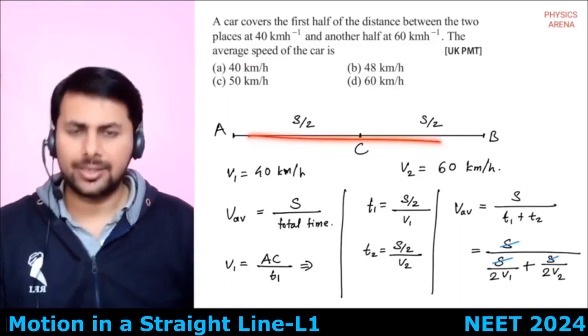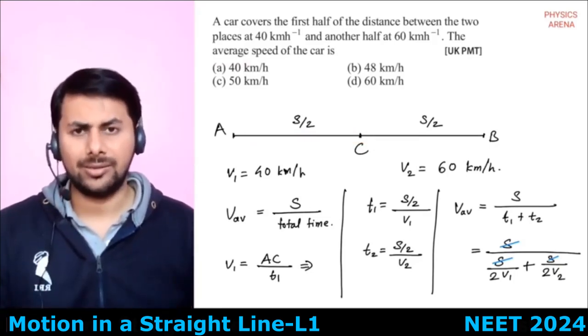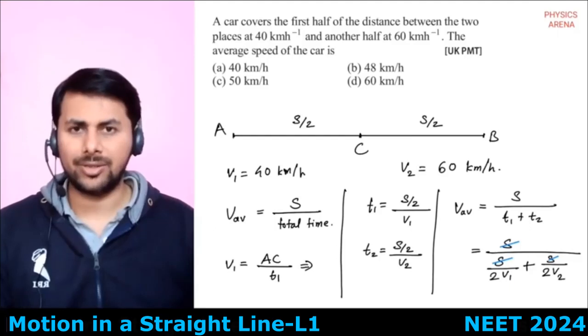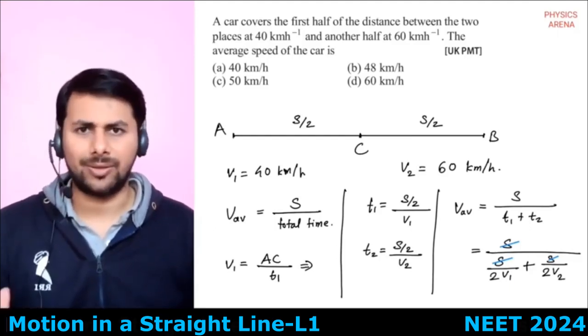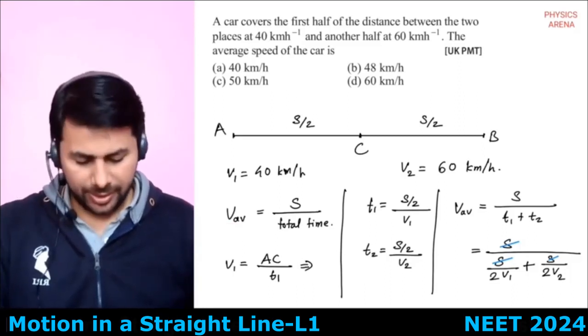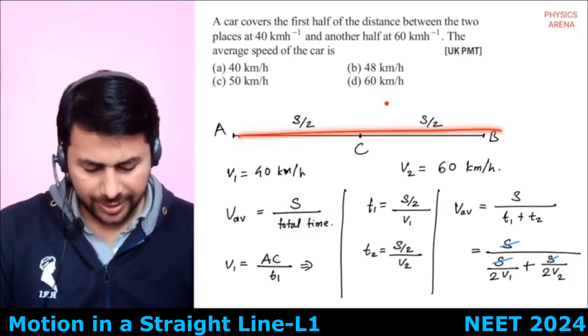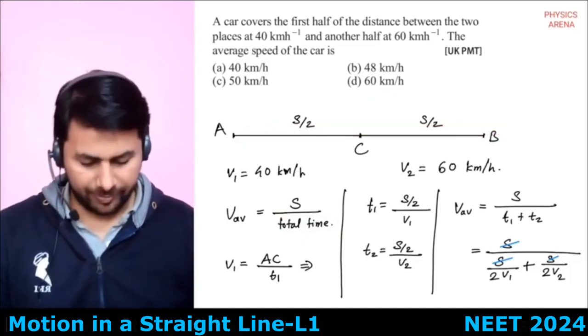So let us understand this question. We'll get the formula and then from the next question onwards, if there is a question based upon this, we can use that formula. So what is the average speed? It is the distance covered divided by time. Total distance, which is S, divided by total time.